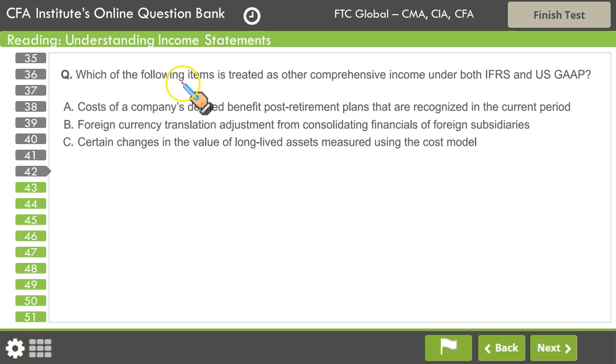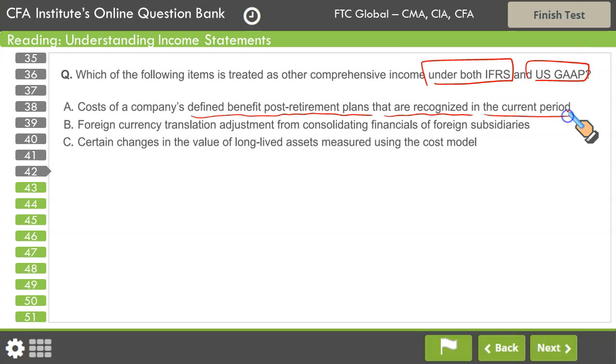Okay, which of the following items is treated as other comprehensive income under both IFRS and the US GAAP? Option A: cost of companies' defined benefit post-retirement plans that are recognized in the current period. Now, this is interesting.